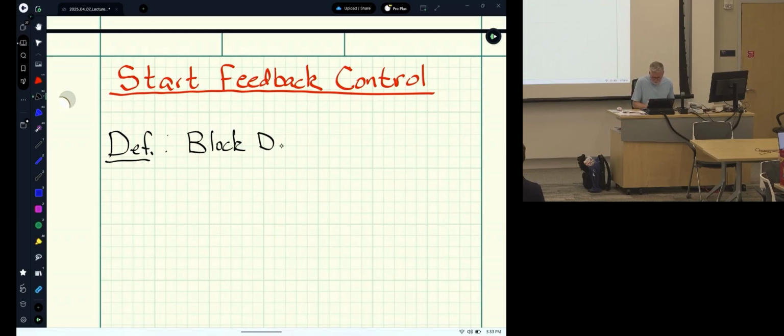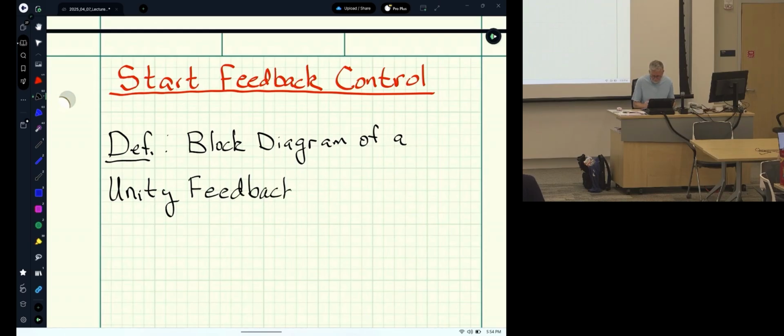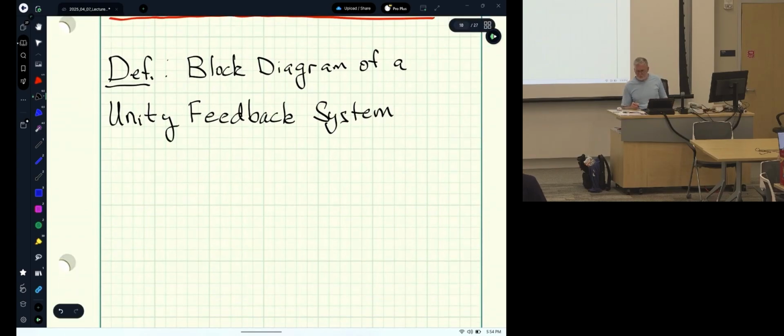This is a block diagram of a unity feedback system. All it's going to be is a graphical representation of a transfer function.